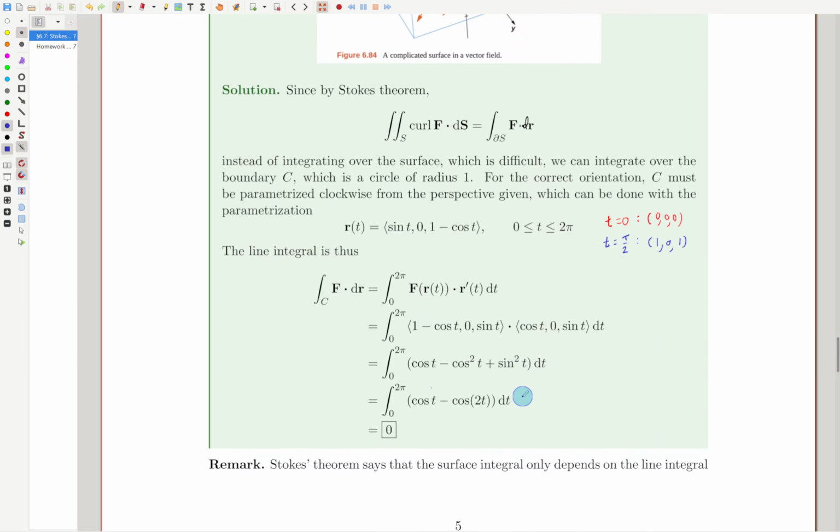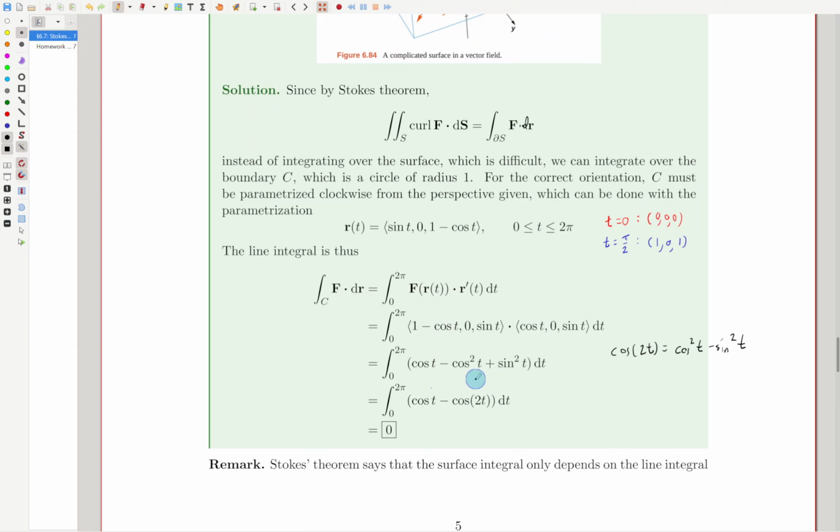And here, just to make it easier for me to think about, I used one of the double angle formulas. There's this trig identity that cosine of 2t is equal to cosine squared t minus sine squared t, one of the 3 ways of writing this double angle formula.